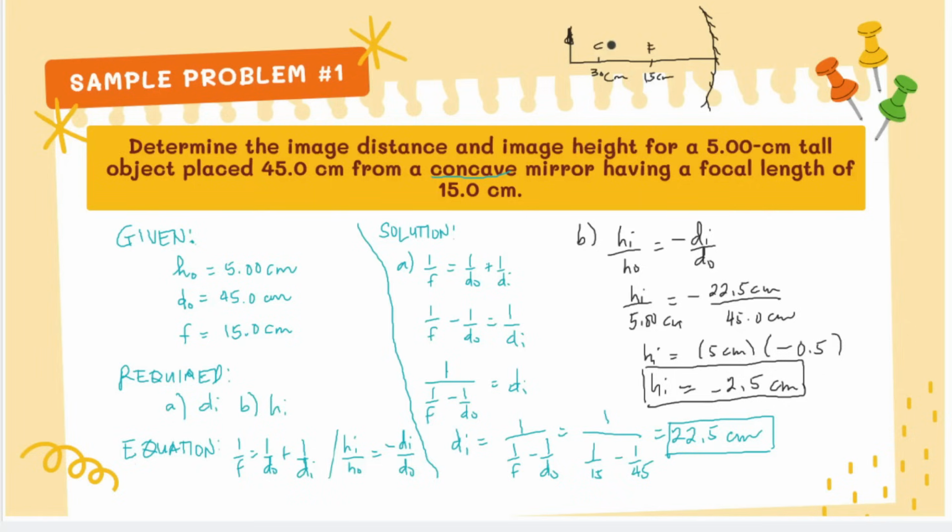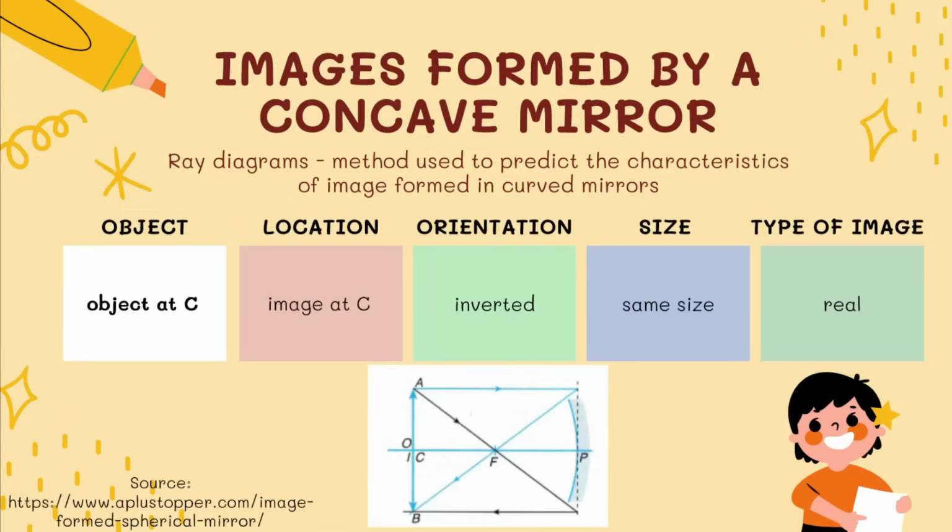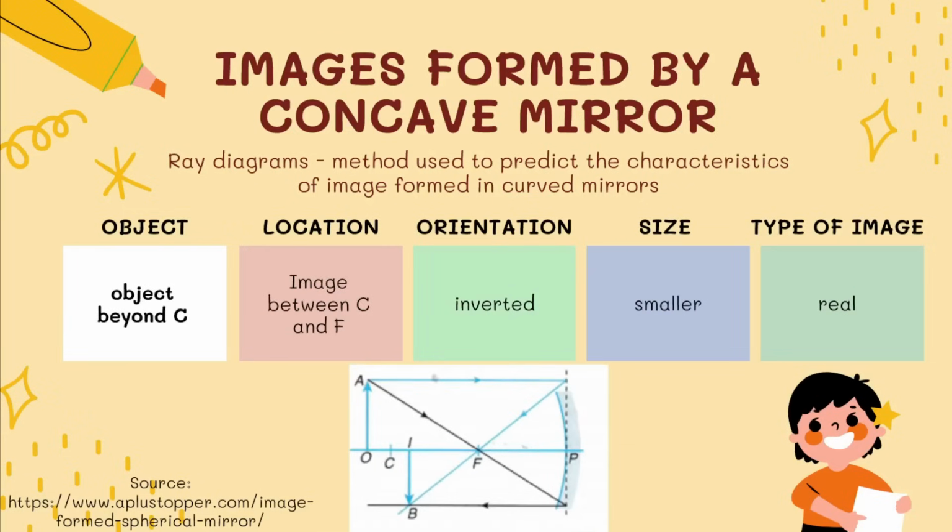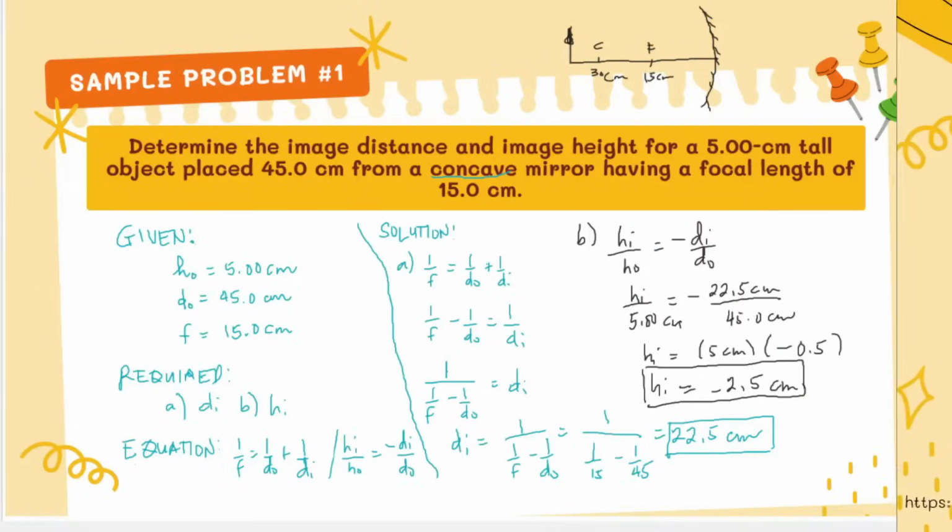Okay? So, sabi kanina sa ating ray diagramming, balik tayo dito sa ating PowerPoint. Pag si object ay beyond C, the image will be between C and F, inverted, smaller, and real. Okay, pag bumalik tayo dun sa ating drawing, sabi dito ang image natin ay nabuo 22.5 centimeters.